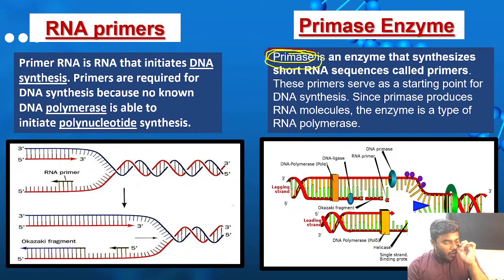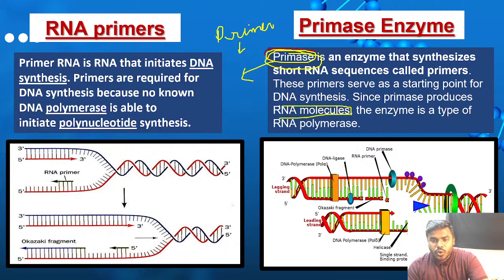And all the students have to remember one important point, friends. Primase enzyme synthesizes the primer. The primers are what kind of nucleotides? They are not deoxyribonucleotides. They are ribonucleotides. They are RNA molecules. Don't forget this unique statement.